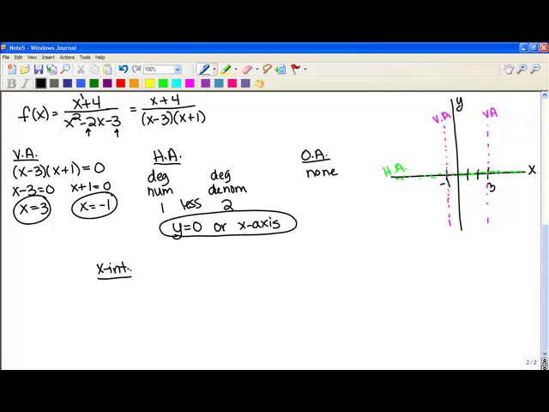Next, we'll find the x-intercept by setting the numerator equal to 0. So the function will cross the x-axis at -4, and if we write it as a point, it is at -4, 0. I will label that on the graph.